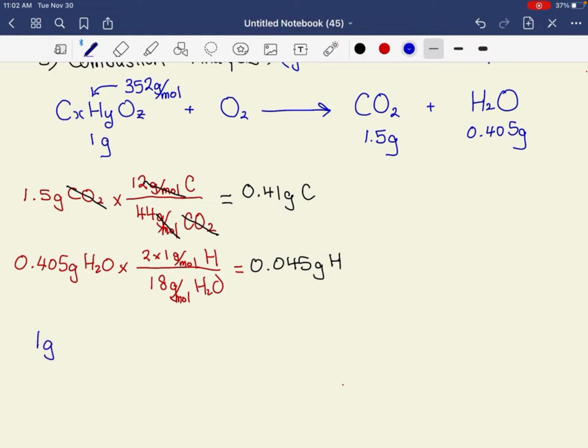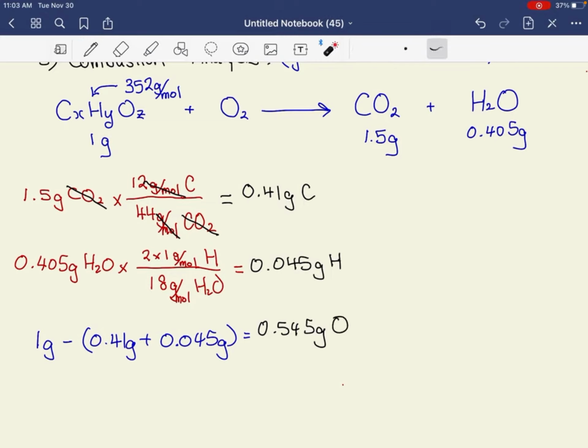So let's do this. 1 gram minus the sum of 0.41 grams plus 0.045 grams. This will give you the mass of oxygen in 1 gram of fuel. Okay, this is 0.545 grams of oxygen.